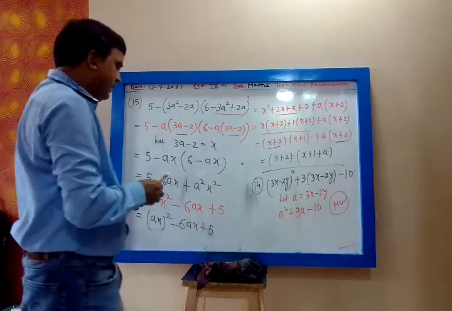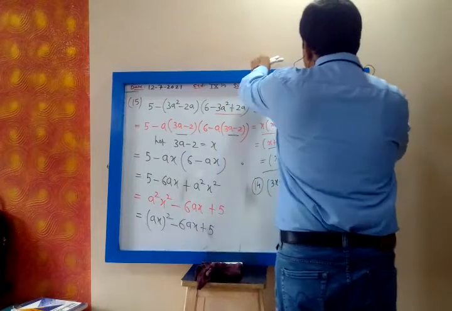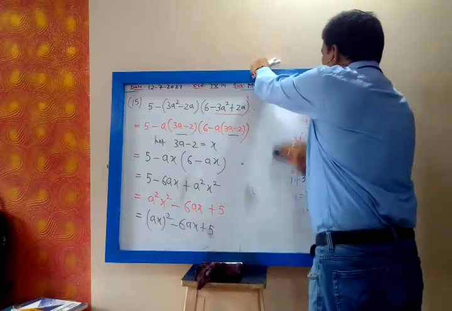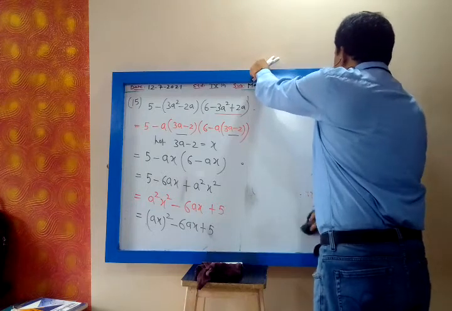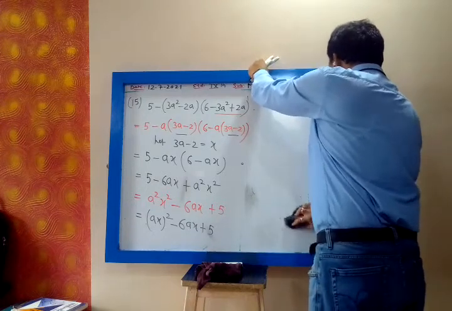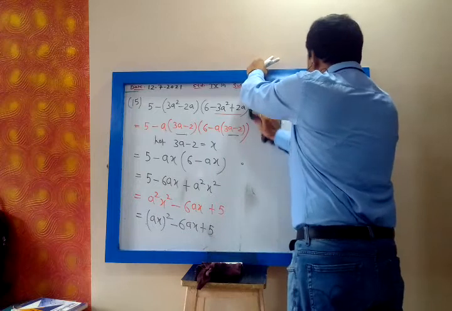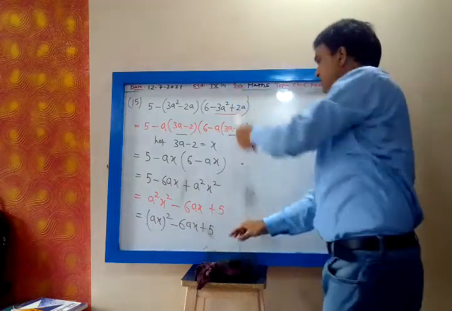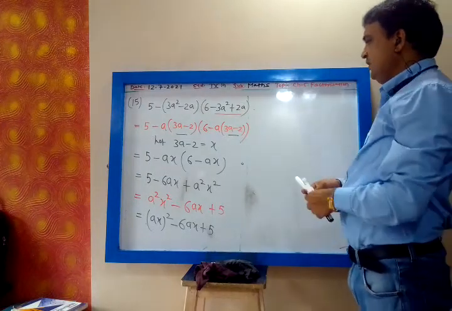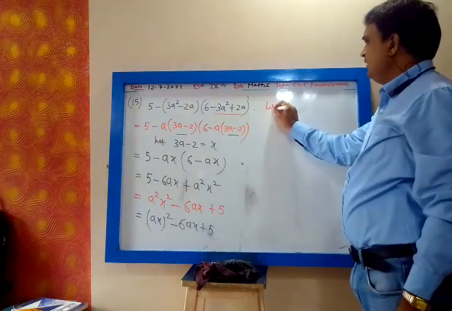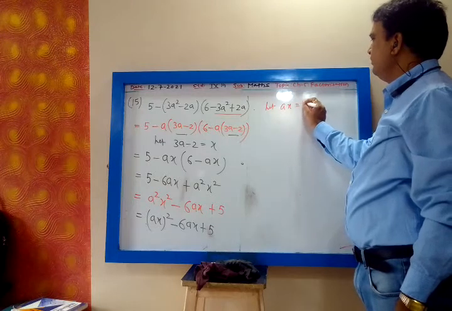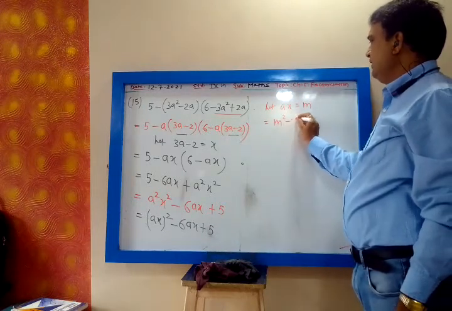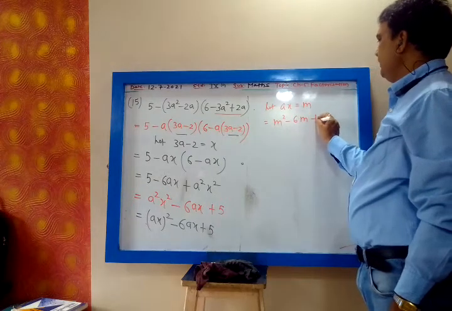Let ax be equal to m, some other variable. If you are not able to factor directly, you can do it this way. So this becomes m square minus 6m plus 5.